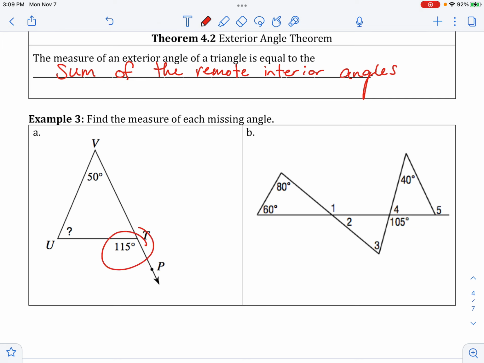So here's my exterior angle, and I know that it should equal the sum of my remote interior angles. So 50 plus whatever that is should add up to 115.